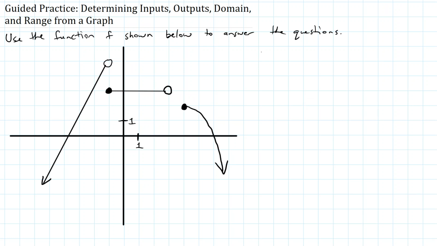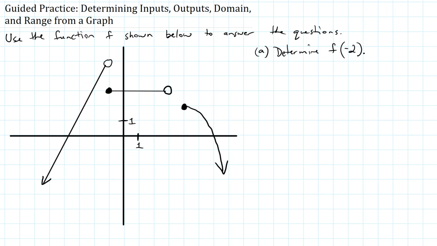Okay, question A regarding this function is determine f of -2. And so to do this, you have to understand if -2 is an input or an output to the f function.